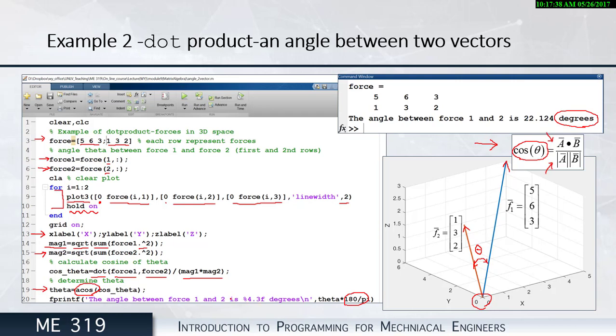Also, if you want to get your theta in degrees, you can use the acosd command, which will give you theta in the unit of degrees.